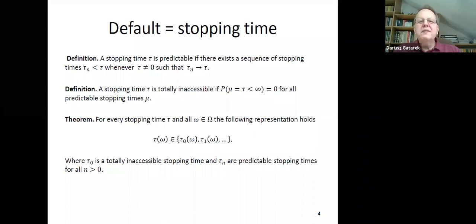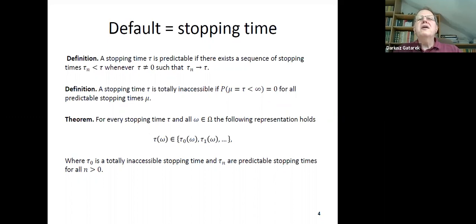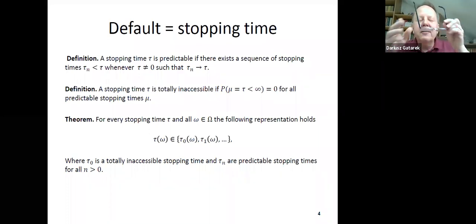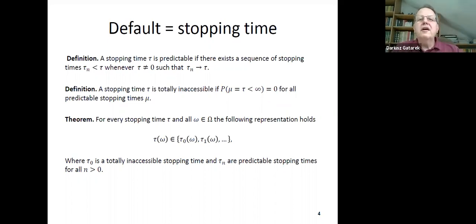So a stopping time is a positive random variable with some relation to the increasing family of sigma fields called filtration. So roughly speaking, not in mathematical words, that means that stopping times are measurable with respect to the filtration, so they don't predict the future.